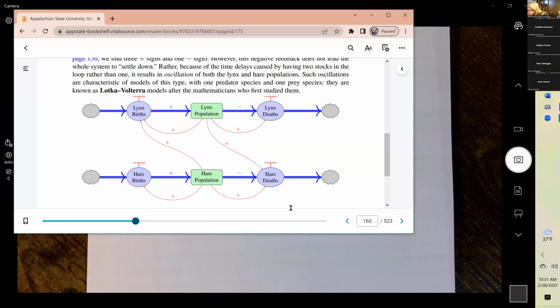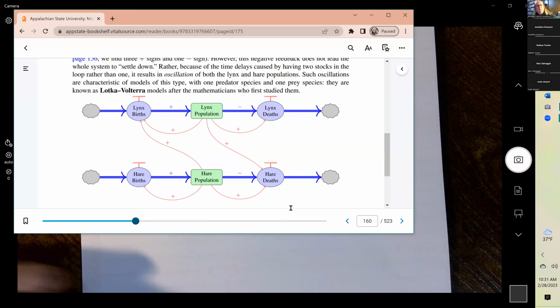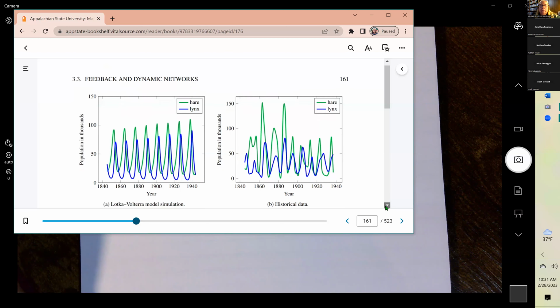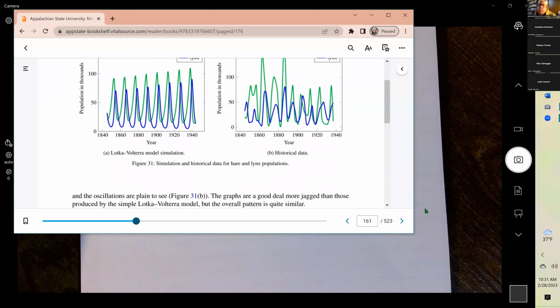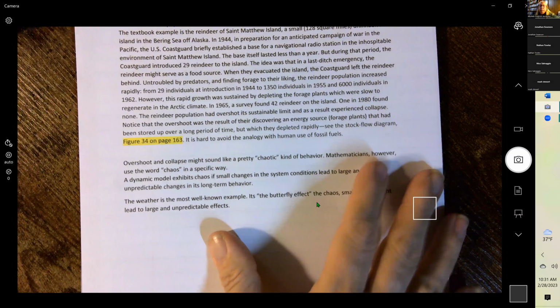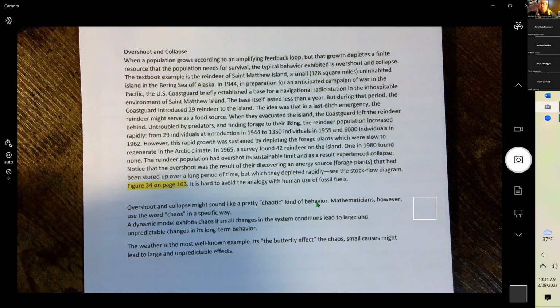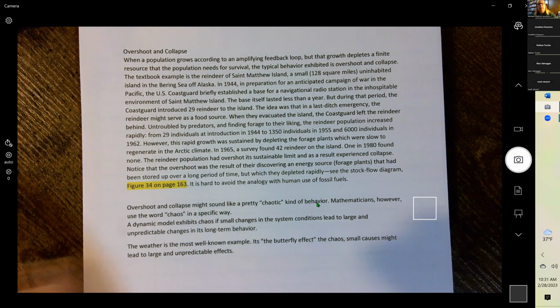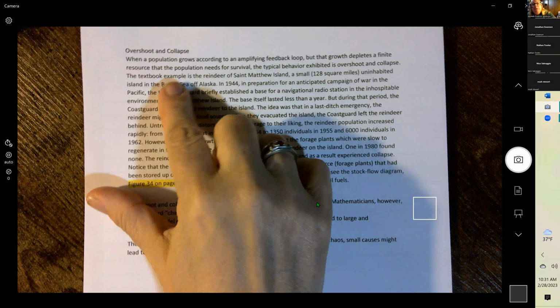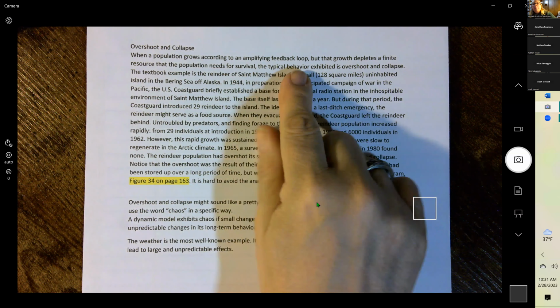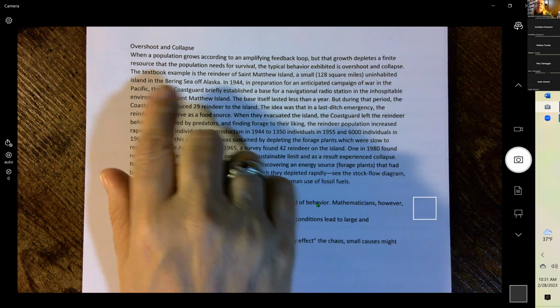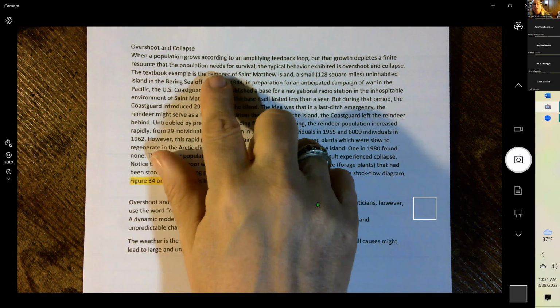I think there was one more. Oh, overshoots. I had given you an example of the stink bug with an overshoot, and your book has one with, I think, deer. So overshoot and collapse means it gets really large and then it collapses and stabilizes. It happens when a population grows according to an amplifying feedback loop, but that growth depletes a finite resource that the population needs to survive.